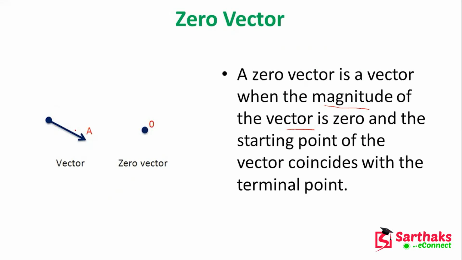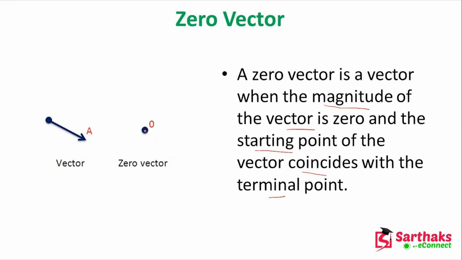For a zero vector the magnitude will be 0 and the starting point of the vector coincides with the terminal point. Here you can see that the starting point is this one, and the ending point is also this one.